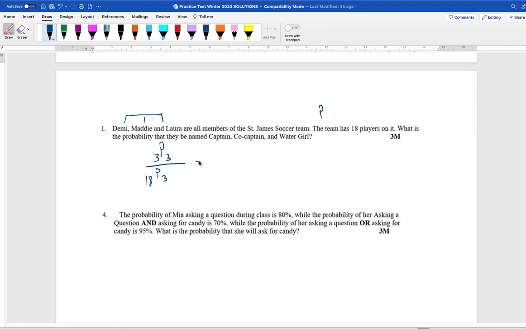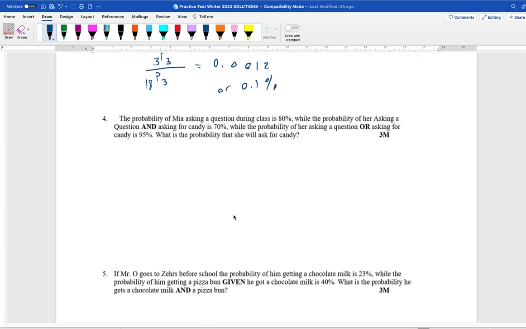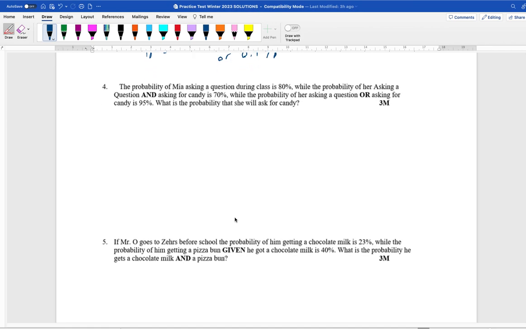Okay, so 3P3 divided by 18P3 equals 0.0012 or 0.1% chance. Right. The probability of me asking a question during class is 80%. Okay.